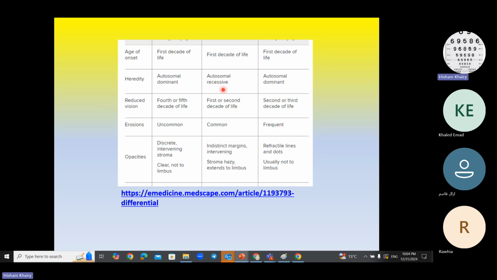The third quiz. Two dystrophies, gelatinous and macular dystrophy, are autosomal recessive. So here, this autosomal recessive is very rare, but it can appear early in age. Erosions.